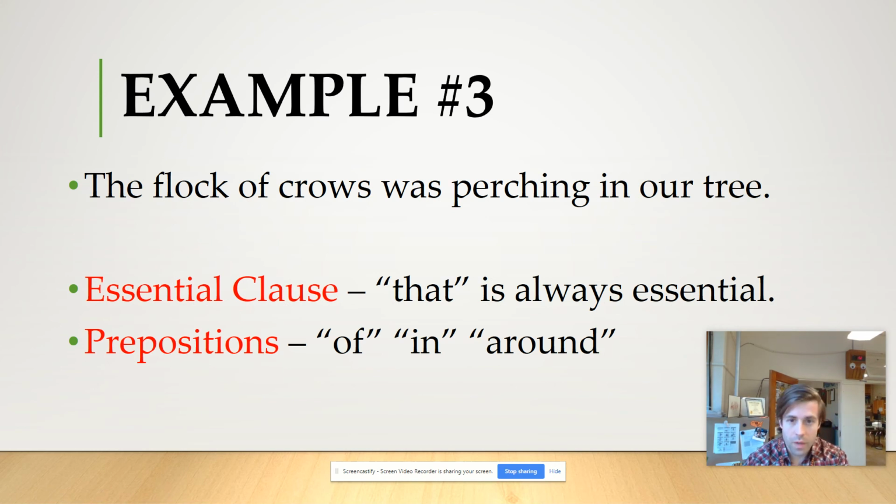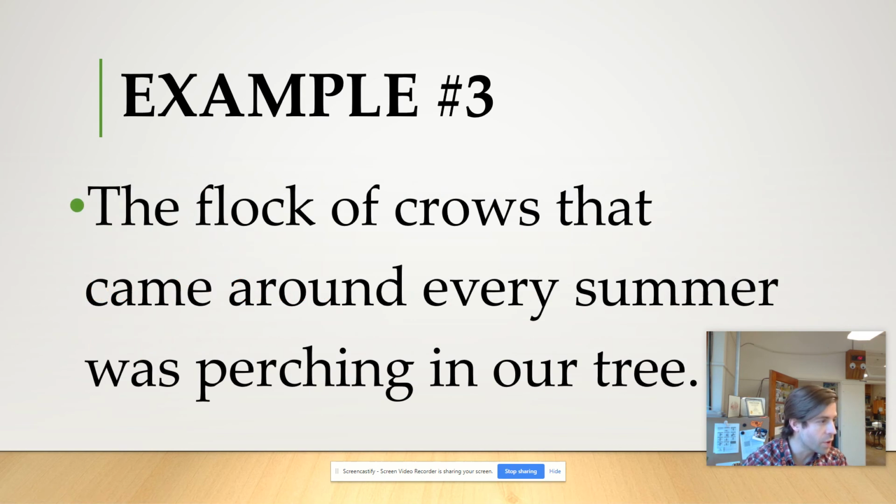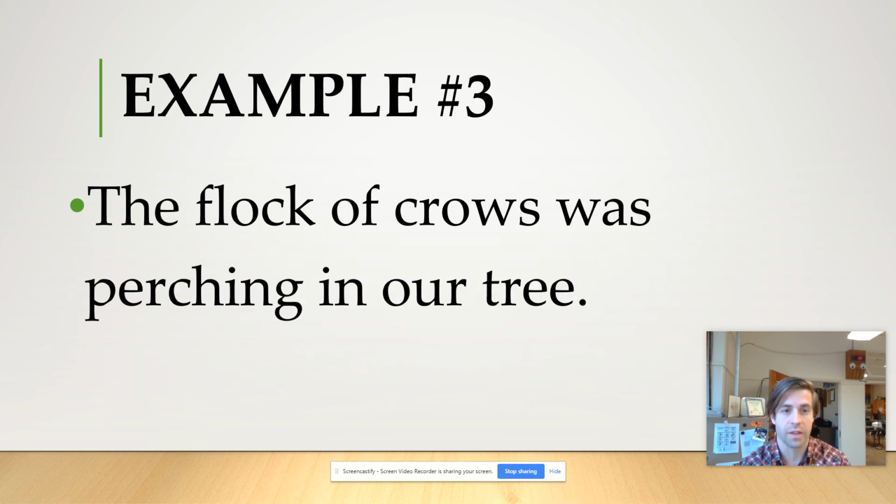An essential clause being that came around every summer. Those phrases are essential, so we're not going to separate them off with commas like we would a which phrase, but we would still need to take it out in order to understand our full sentence. So now we've got the flock of crows was perching in our tree.